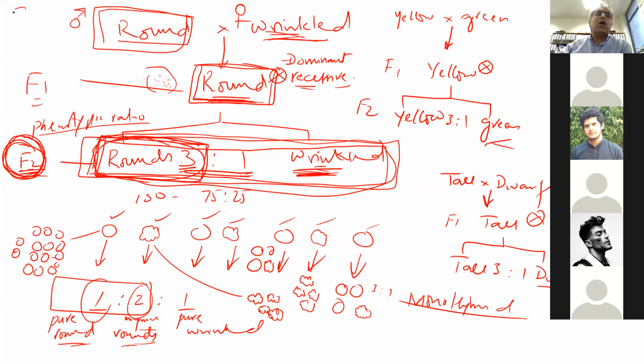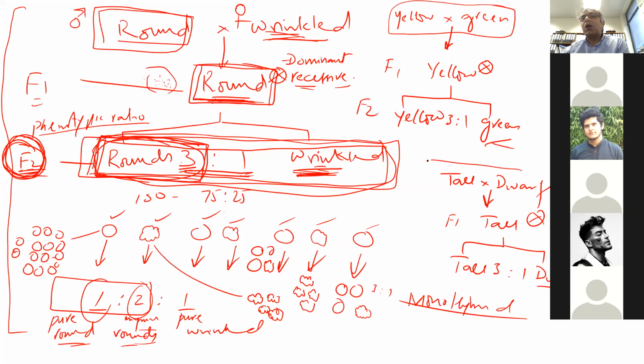He saw all of this highly reproducible, same 3:1 phenotypic ratio if you use yellow versus green seed color, tall versus dwarf, or purple versus white flower colors. 3:1 is the F2 phenotypic ratio, and 1:2:1 was the ratio: 1 pure green, 1 pure yellow, and 2 impure yellow.